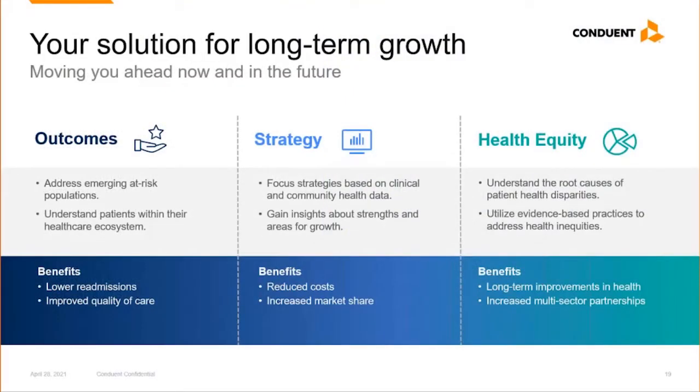So let's look at this solution for your long-term growth, how we move ahead now and in the future by addressing those at-risk populations, by understanding the patients and their health ecosystem. Now we can begin to lower those readmission rates. We can begin to improve that quality of care.